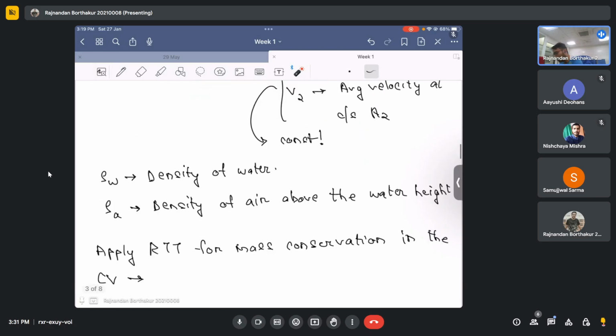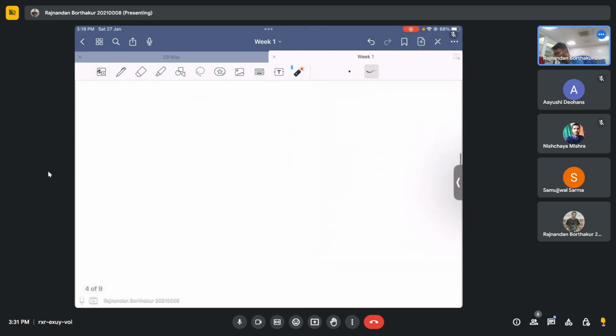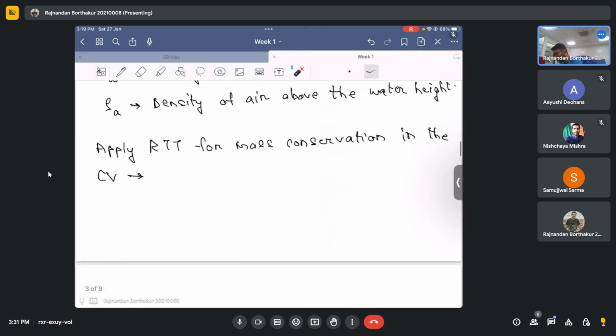If you remember, the Reynolds transport theorem goes something like this. I think you have also learned this in the theory classes. The Reynolds transport theorem is basically a bridge, or a connection, between a control mass system and a control volume system.